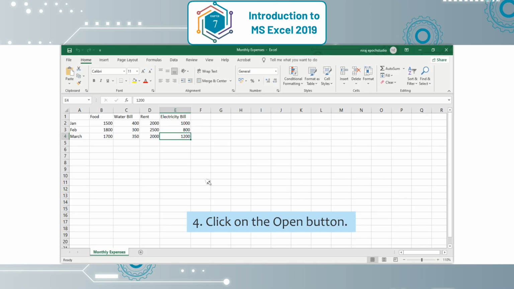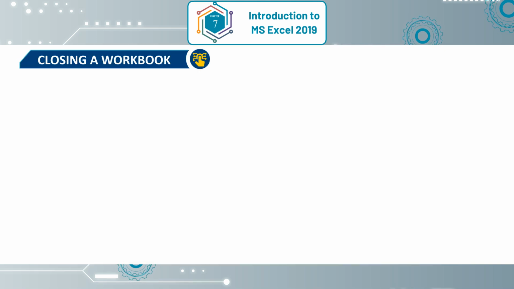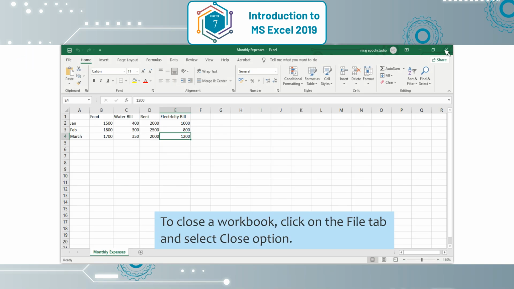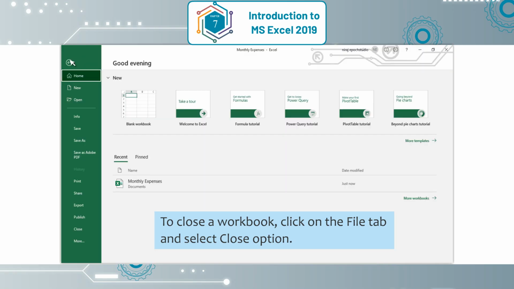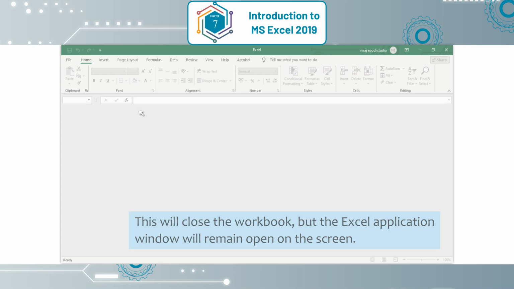Click on the Open button. The selected workbook opens. Closing a workbook. To close a workbook, click on the File tab and select the Close option. This will close the workbook, but the Excel application window will remain open on the screen.